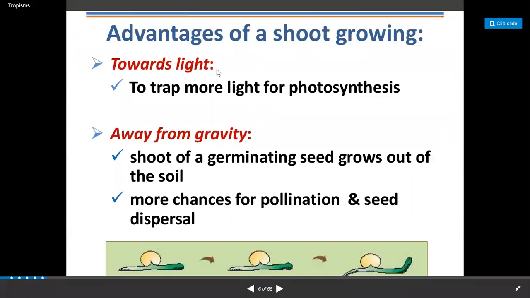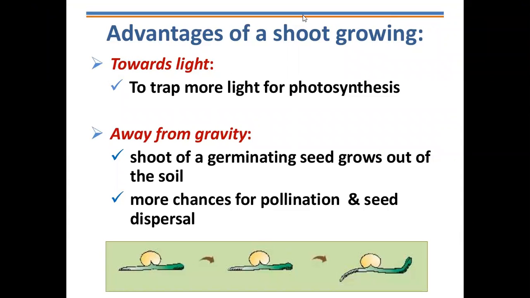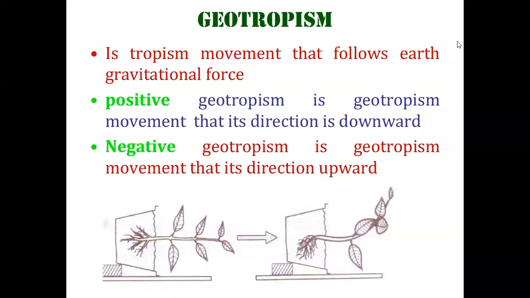Advantages of shoots growing towards light: they trap more light for photosynthesis. Growing away from gravity, the shoot of a germinating seed grows out of the soil. There is more chance for pollination and seed dispersal. These are the advantages of the shoot growing towards the light and away from the gravitational force.